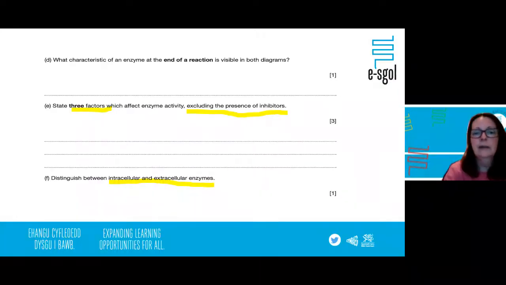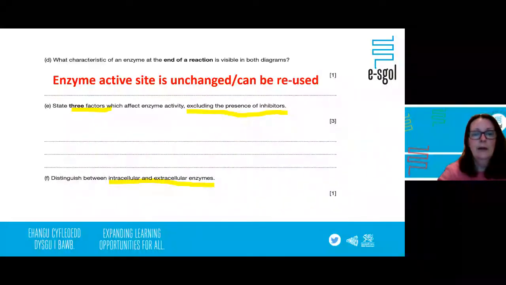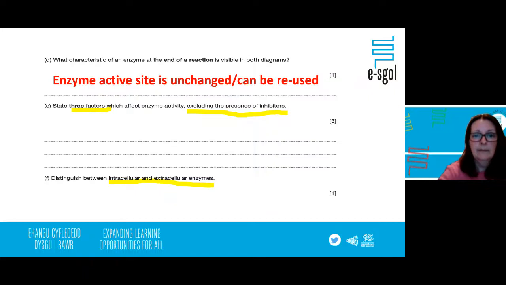Okay, so what characteristic then of an enzyme at the end of reaction is visible in both diagrams? And we can see there what we mentioned earlier, that the active site is unchanged and that means the enzyme can be reused and the enzyme's active site there is ready for another reaction to take place.